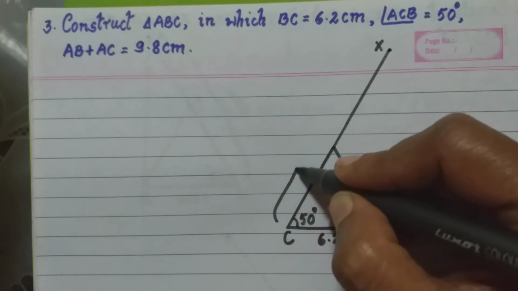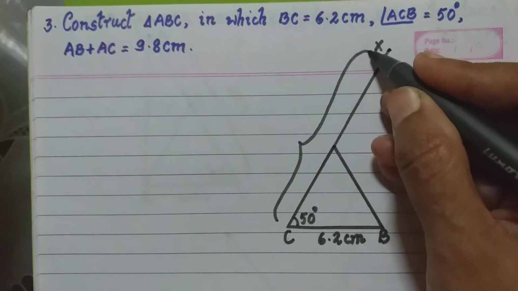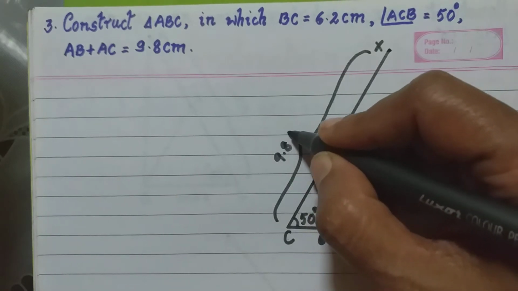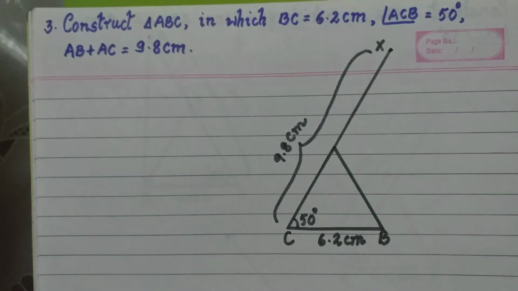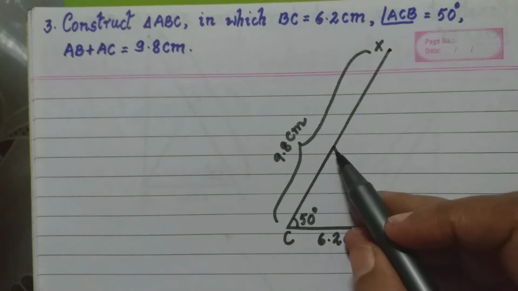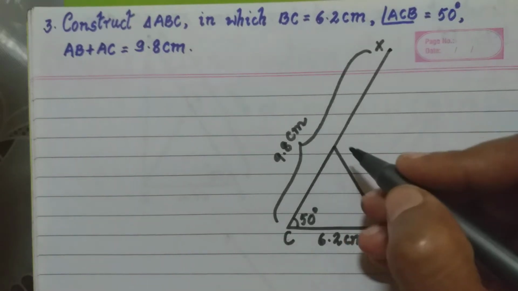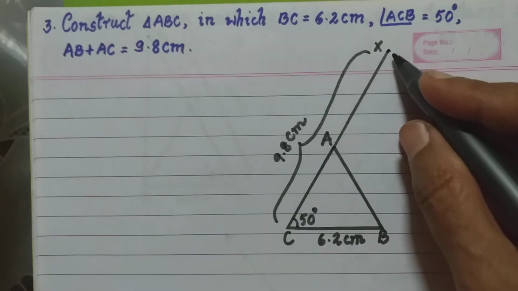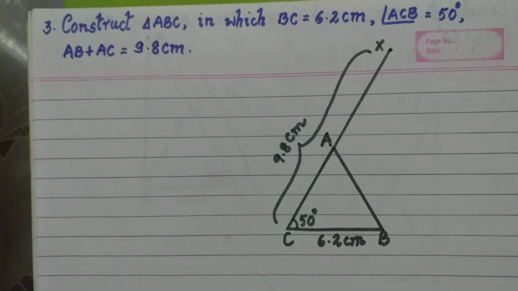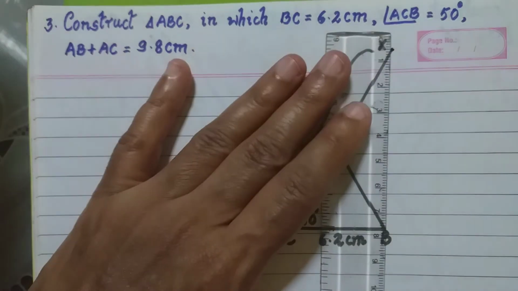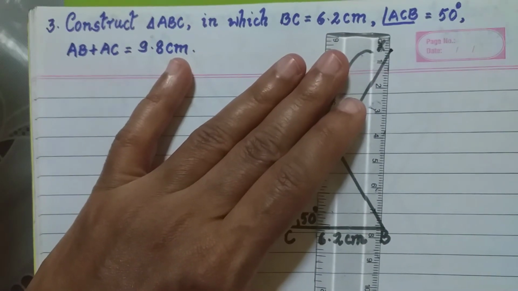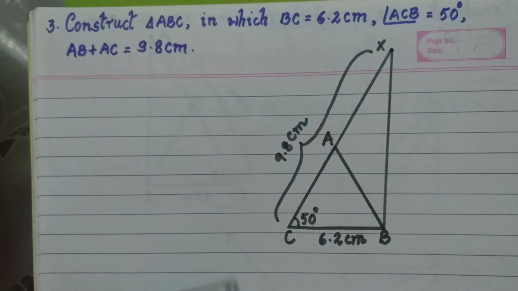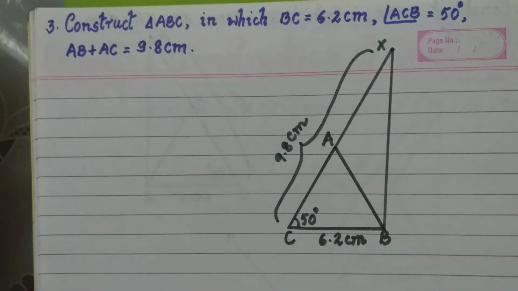So we can write like this: 9.8 centimeter. Okay, now this third vertex here will be A. So we have triangle ABC. Also we have to join X to B. So we will join X to B here. Okay, so now our rough figure is completed.